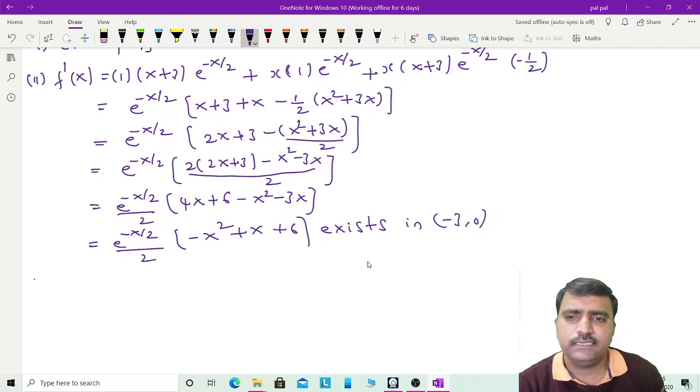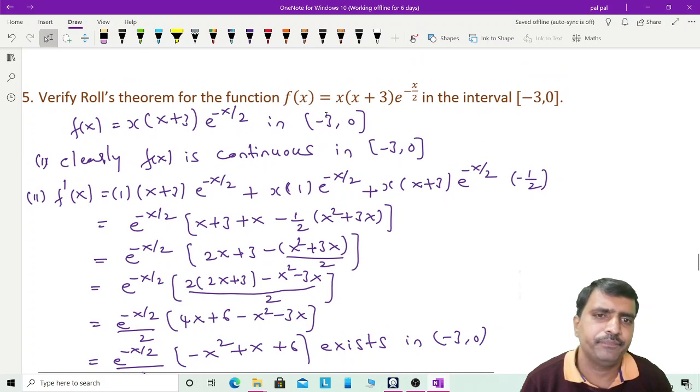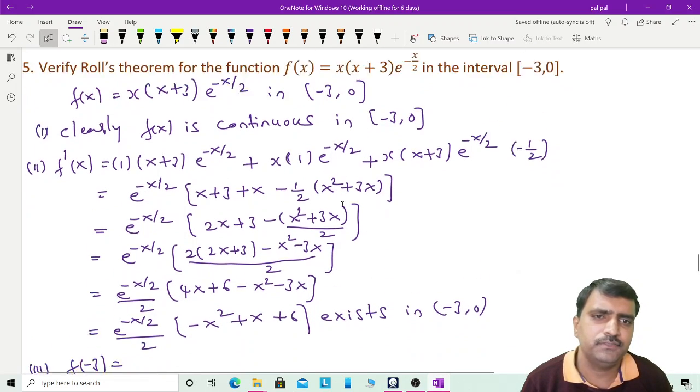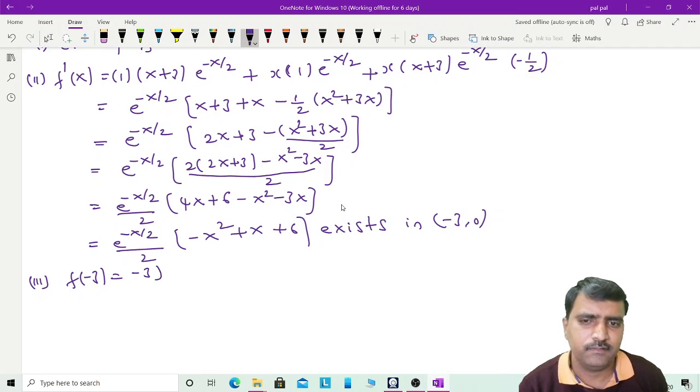So the third condition, f of minus 3. f of minus 3 is equal to, you see the function, minus x into x plus 3 into e to the minus x by 2. So you substitute there, x is minus 3, into minus 3 plus 3 into e to the minus x by 2.